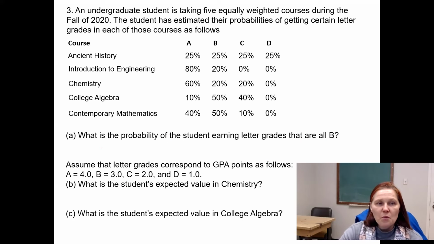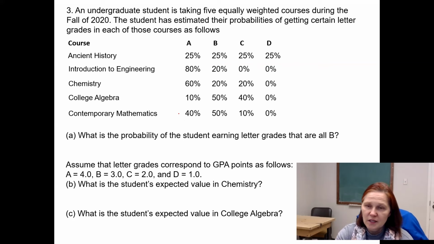So what is the probability of getting B in history? Then what is the probability of getting B in introduction to engineering given that it has B in history, and so on.